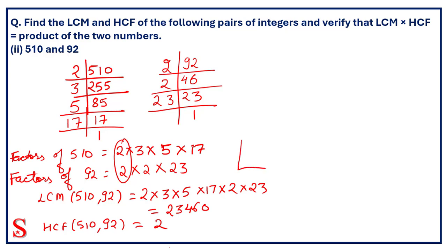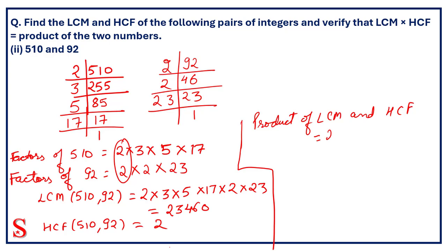Now we have to verify. So we'll first of all write down the product of LCM and HCF. We have to multiply 23,460 with 2, which would be 46,920.